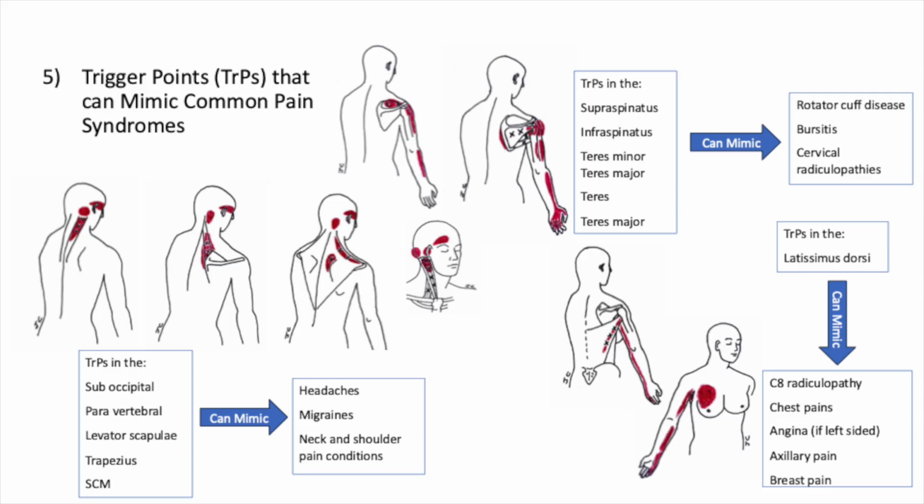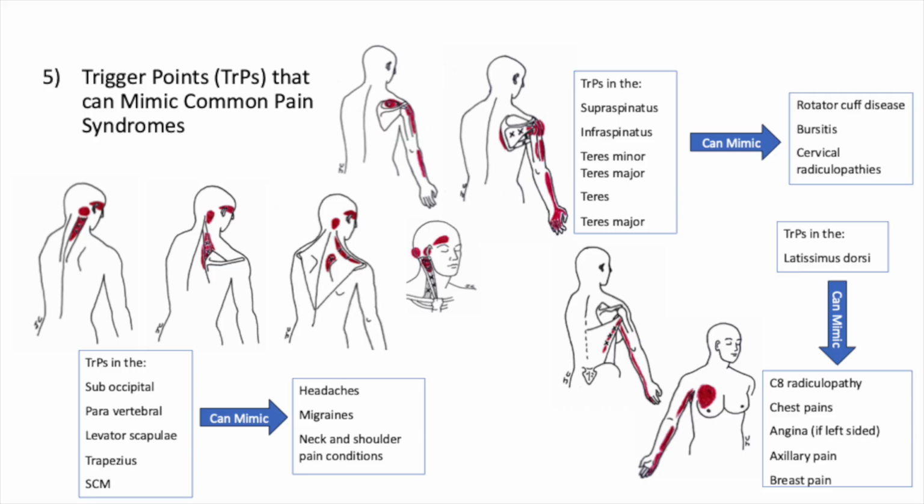For example, pain caused by trigger points in the infraspinatus can mimic shoulder arthritis, rotator cuff diseases, bursitis, even cervical radiculopathies. Trigger points in many neck muscles can mimic migraines, different types of headaches, neck arthritis.